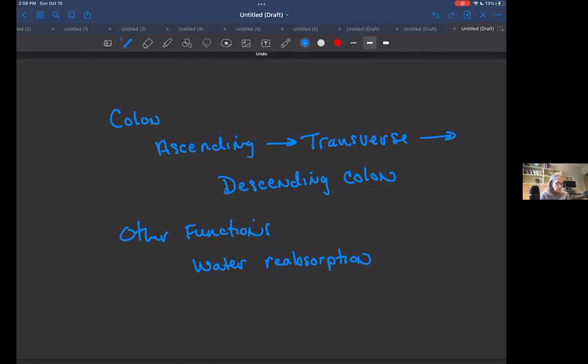So water reabsorption, right? Absorption of nutrients like vitamin K. So these are nutrients produced by bacteria.